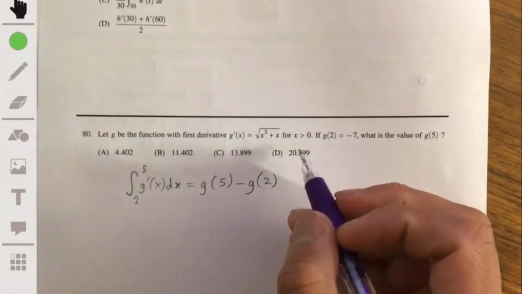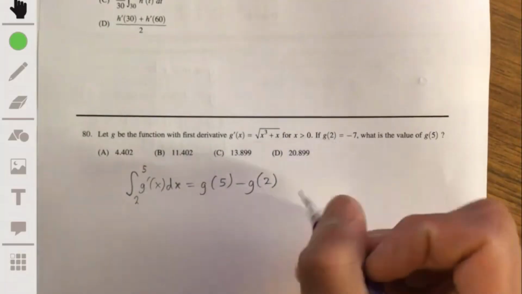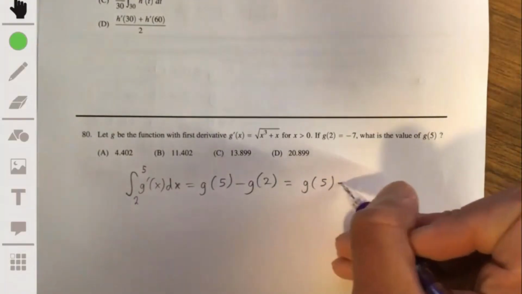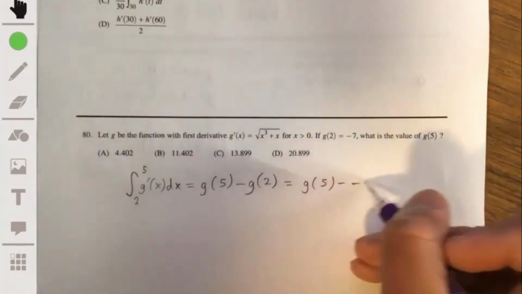Now, we know what g of 2 is, so g of 5 minus g of 2 is g of 5 plus 7.